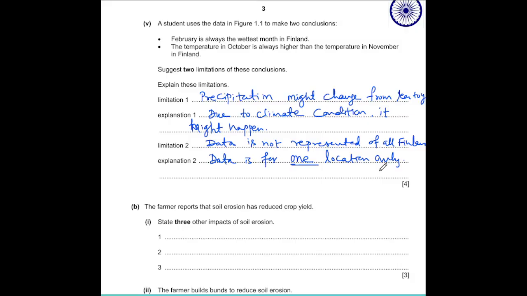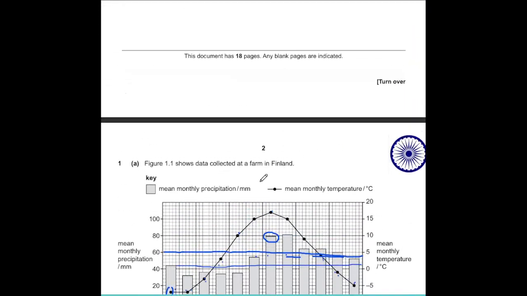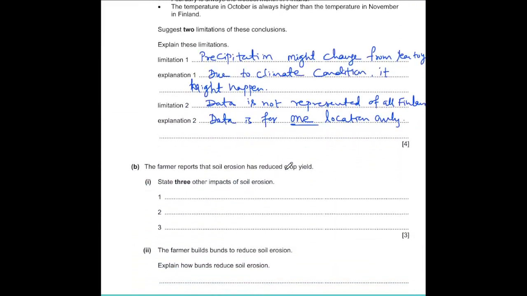The explanation for this is that data is collected at one farm only. Basically they are collecting only for the farm. So we have to see that the data is for entire Finland, not only for a particular location, and the data is not representing the entire Finland. So these are the two limitations and explanations related to your limitations here, right? So you get 1 mark for each, but please remember you will get marks only when your limitation and explanation are matching. Fine.